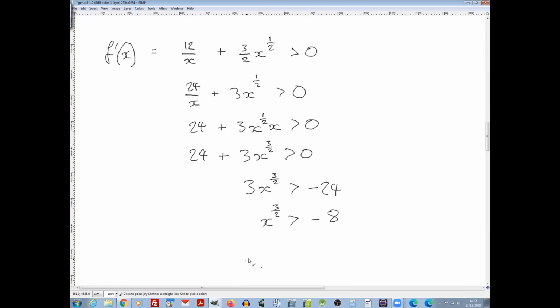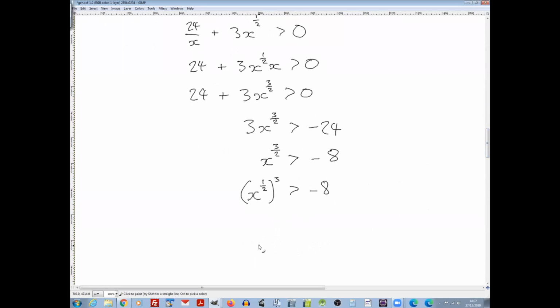Hold on. You could rewrite it as x to the half cubed. So then you get a cube root of 8. Which x to the half would be minus 2. Good. And then you get square root of minus 2, plus or minus root 2.